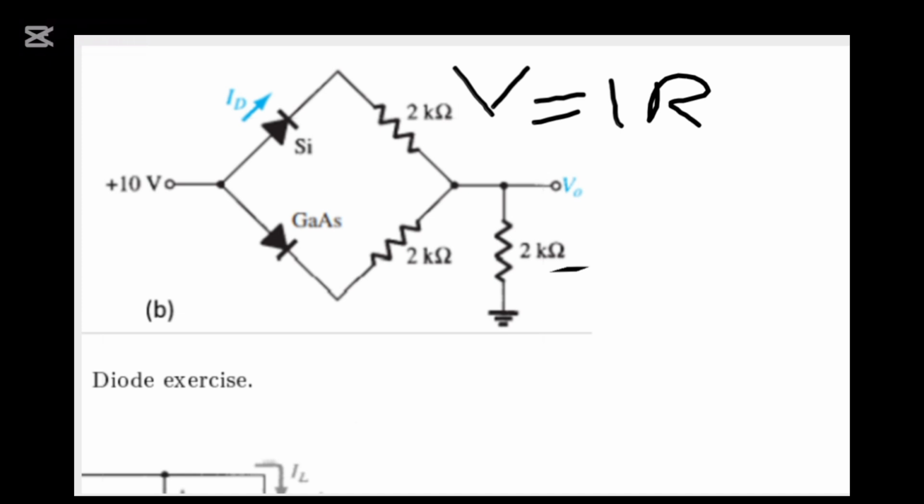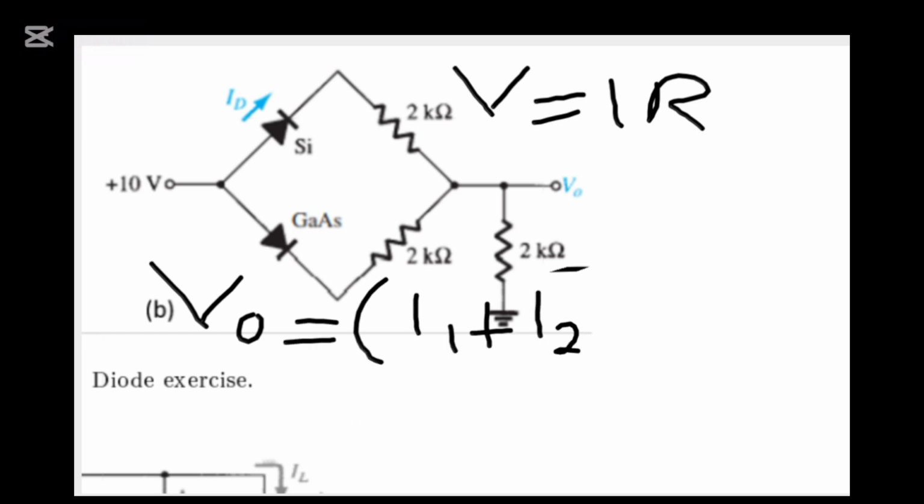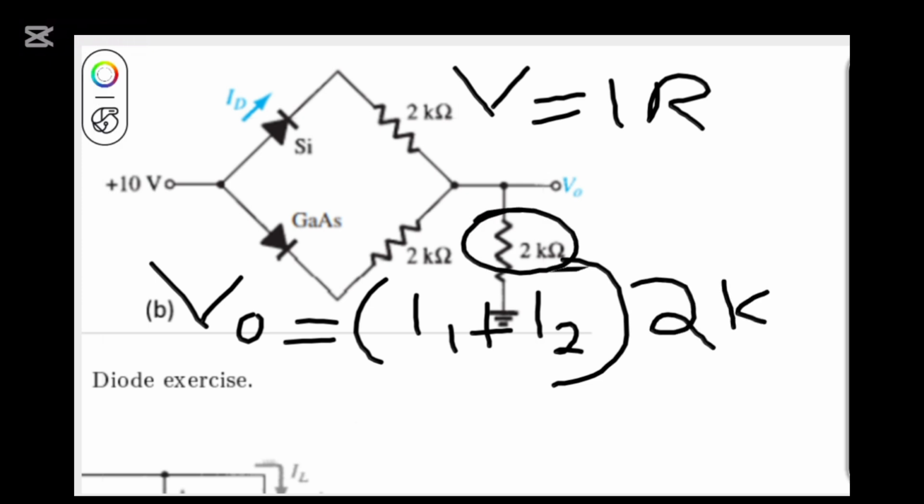So I'll just say V naught is equal to I1 plus I2 multiplied by this 2 kilo ohm. So as you can see, I1 which is 1.633 milliamps and I2 which is 1.383 milliamps multiplied by 2 kilo.